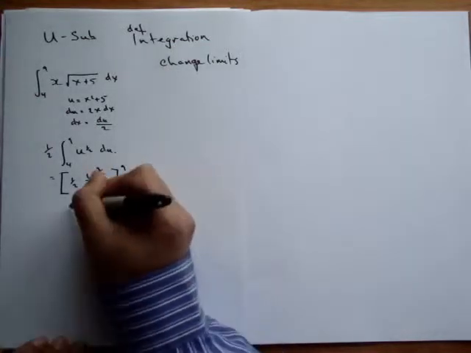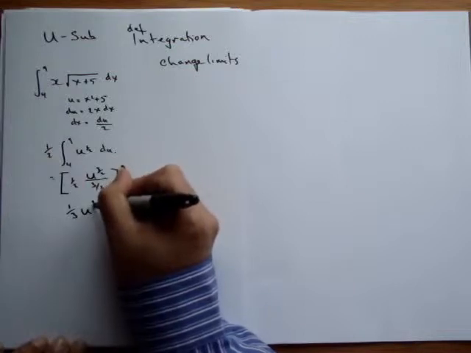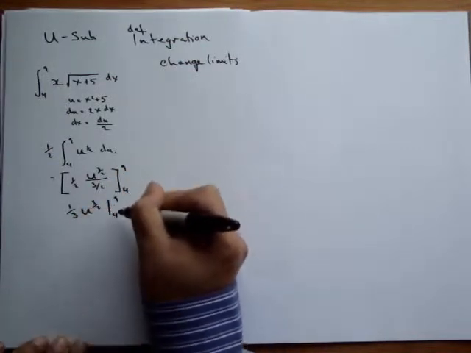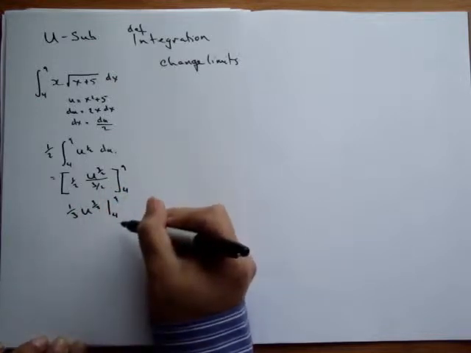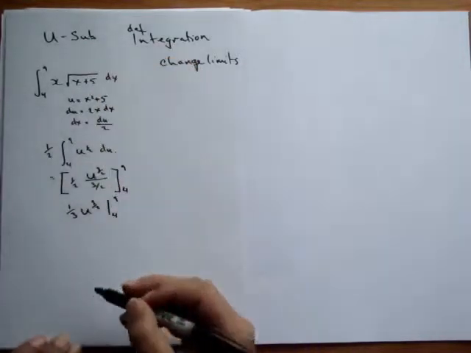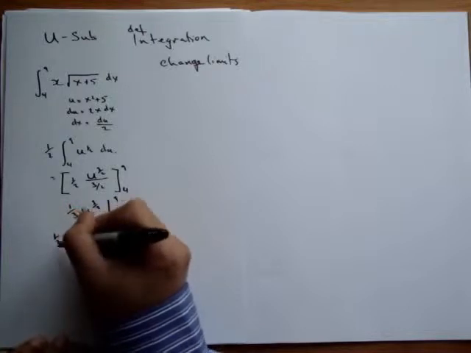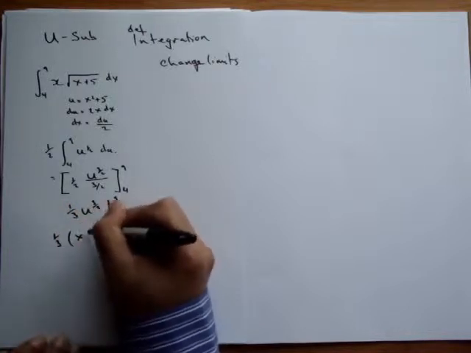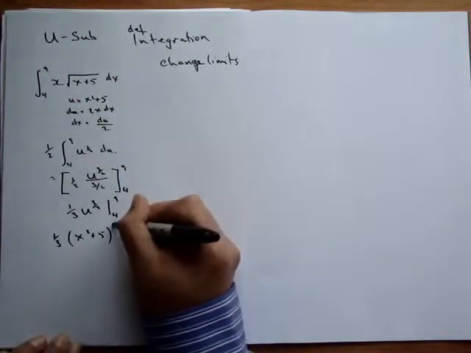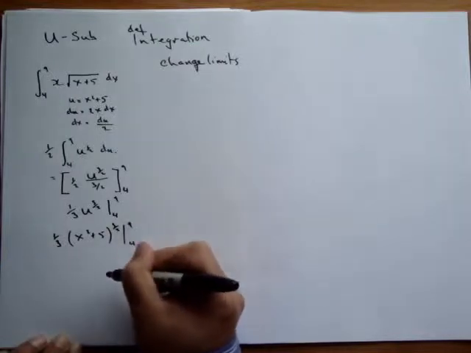This then becomes 1/3 u to the 3 over 2, limits 4 to 9. And then when we put the 9 in, oh sorry, we have to replace the u in this one in the u substitution. So we have 1/3 x squared plus 5, because our u was x squared plus 5, to the 3 over 2, limits 4 to 9.